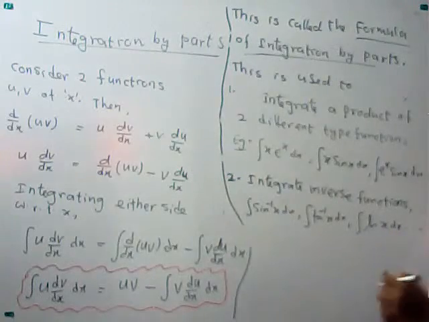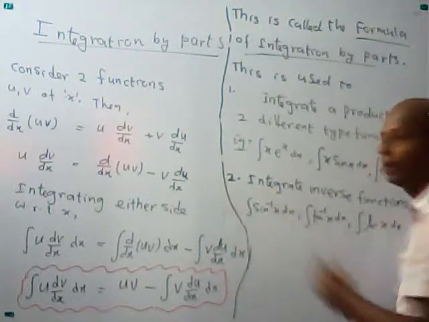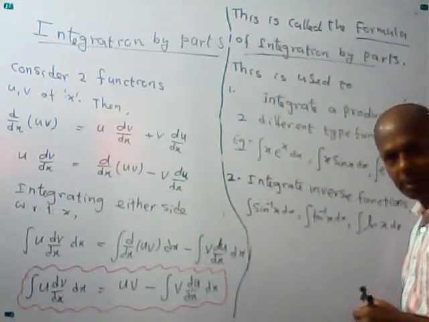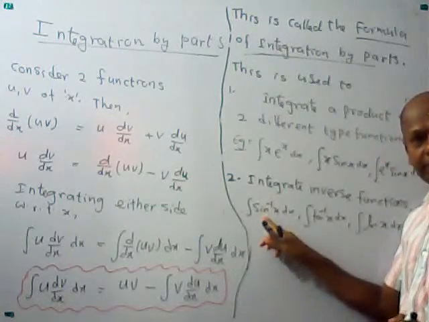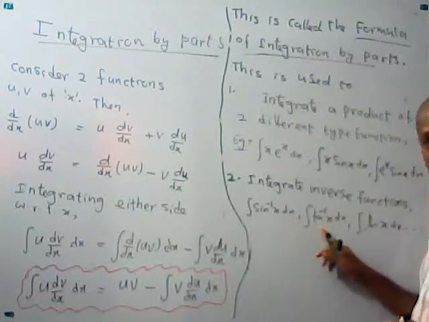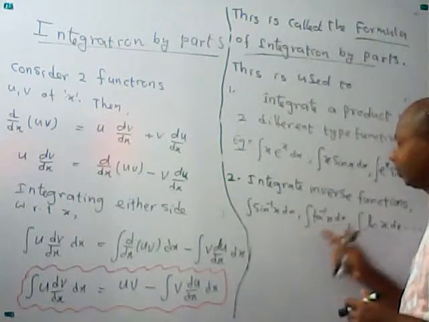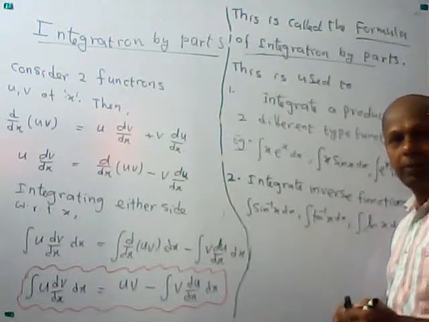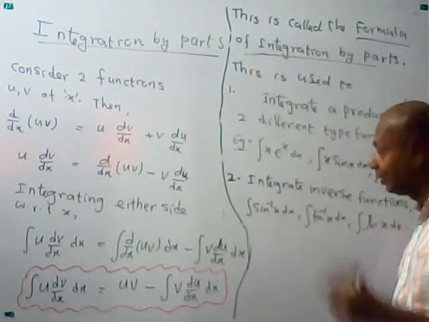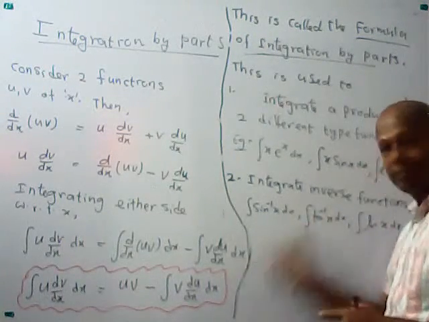Right, likewise. That's another occasion where you use integration by parts. Apparently, it's not a product. There can even be a product, but even without that, we use integration by parts. You will see how to apply this here.